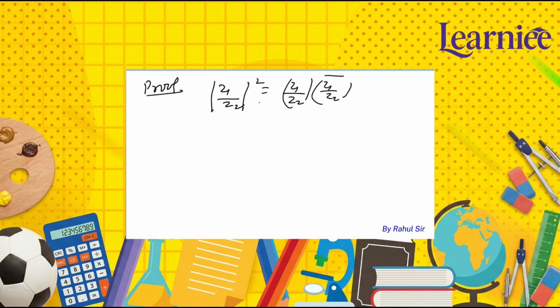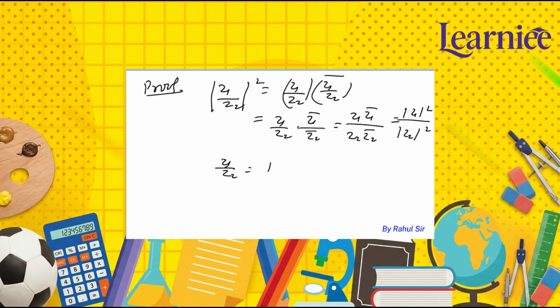That is nothing but z1 by z2 times z1 bar upon z2 bar. This is nothing but mod z1 square upon mod z2 square. Or we can say the modulus of z1 upon z2 is nothing but mod z1 upon mod z2.